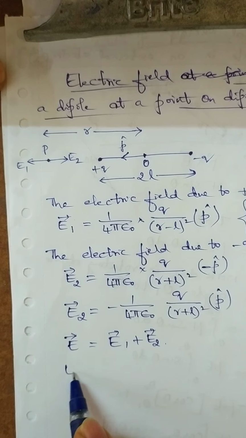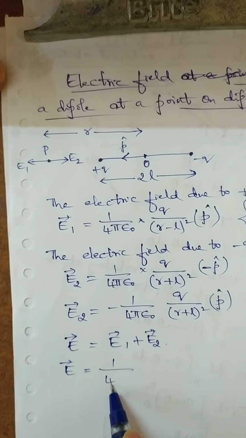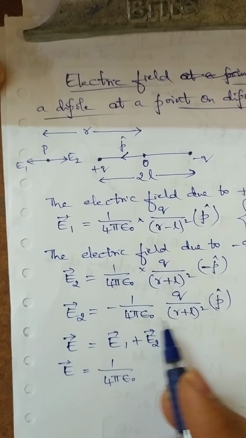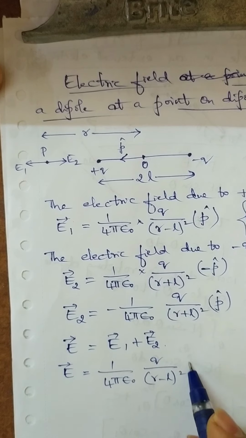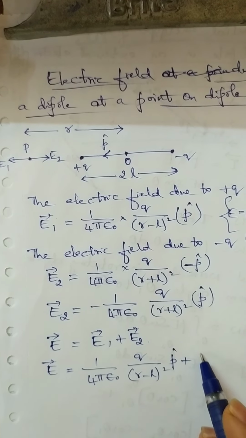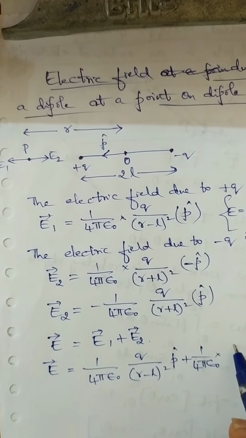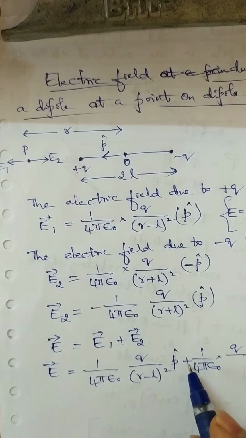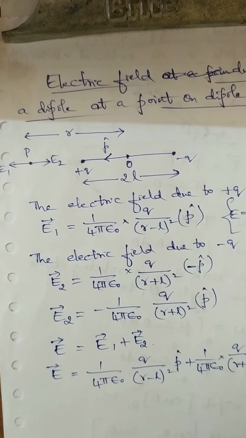So vector E is equal to 1 by 4 pi epsilon naught into Q divided by R minus L whole square into P cap, plus 1 by 4 pi epsilon naught into Q divided by R plus L whole square P cap.